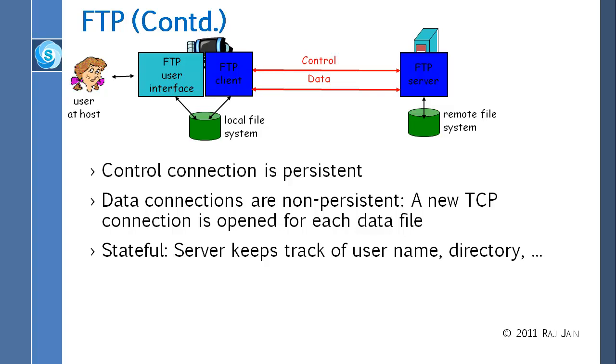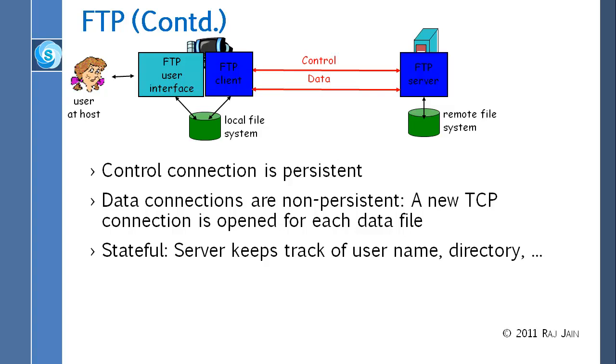So here, once you connect to an FTP server, it asks you for username and password, and the connection is set up until you say quit, bye, or something like that. The connection is there. What connection is there? The control connection is there. Right? For the data connection, you say get this file, it sets up a connection, gets the file, closes the connection.